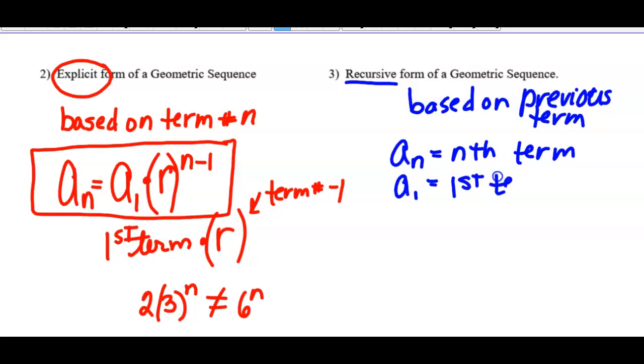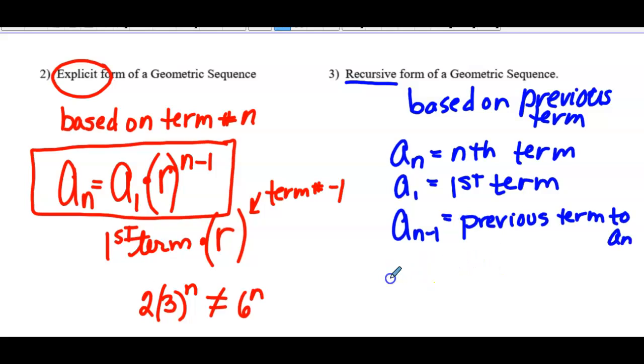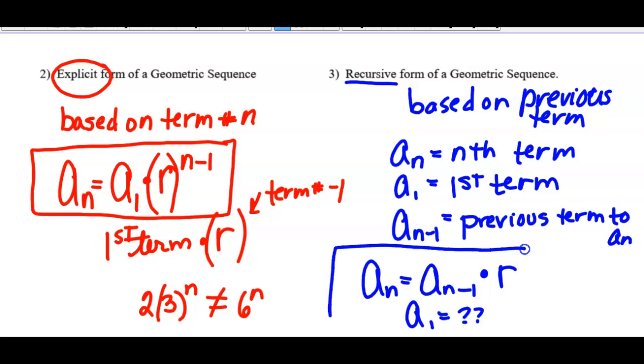I should have written this earlier, but a sub n minus 1 is simply the term before n, so I always just word it as the previous term to a sub n. So we say any term is based on the previous term times whatever R is, and then you have to tell me what term to start with. That's what it looks like to write a recursive formula for a geometric sequence.